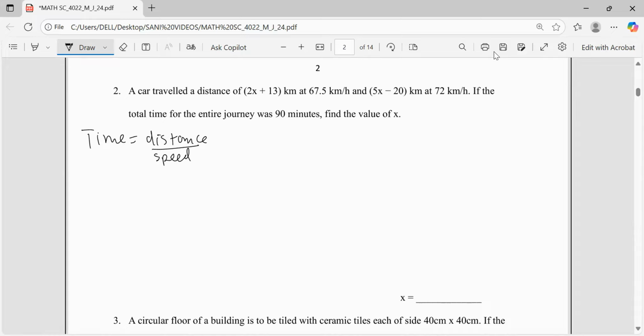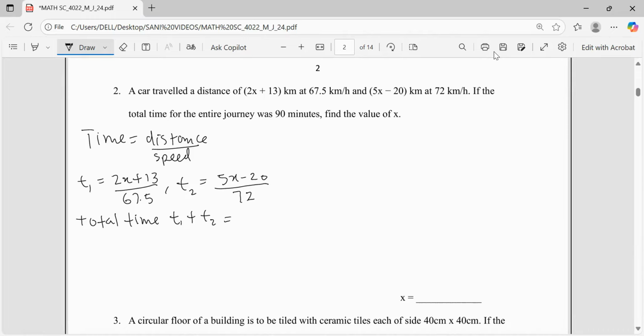So the first time, t1, that's distance, which is 2x plus 13 over speed, 67.5. The second time, let's call it t2, distance 5x minus 20 over speed, which is 72. So the total time, which is t1 plus t2, equals 90 minutes.